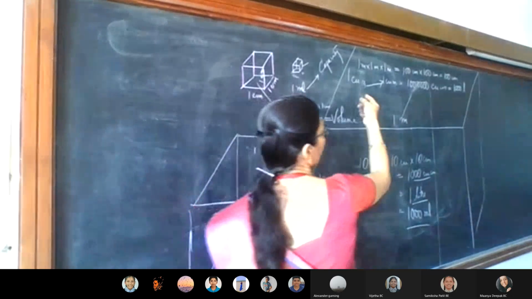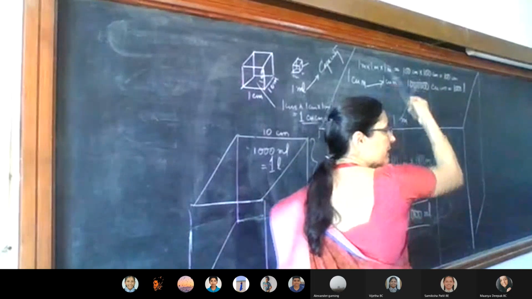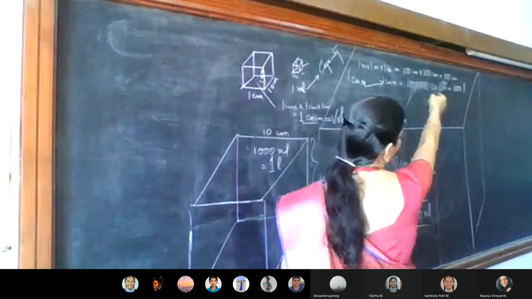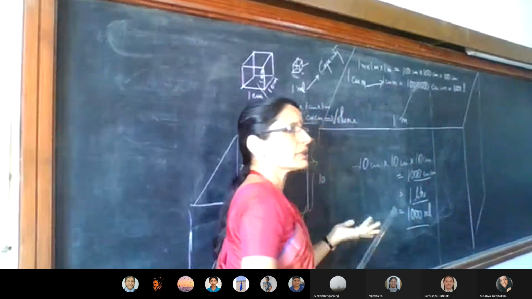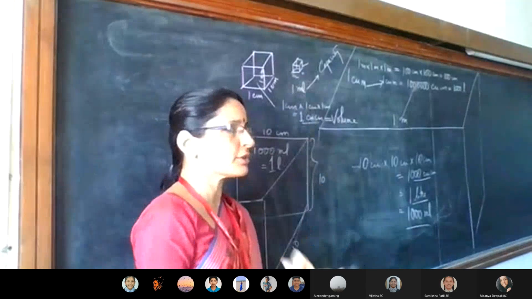So this conversion, if you remember, 1 meter is 100 centimeter, there only you can convert. So that will be equal to 1000 liter. If you want liter to ml conversion, you have learnt that, you do that.